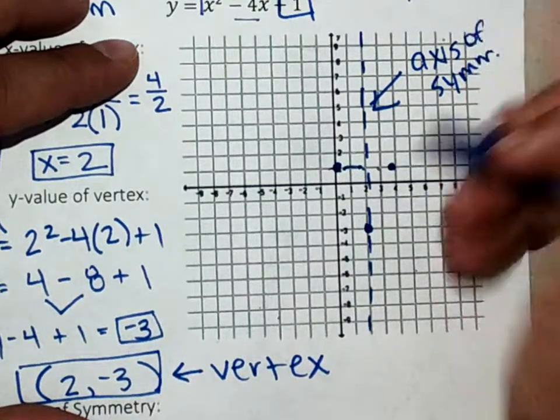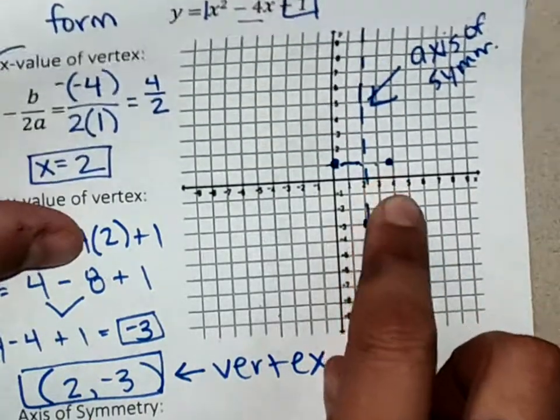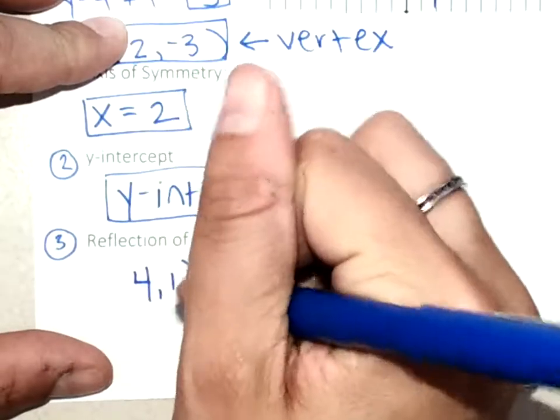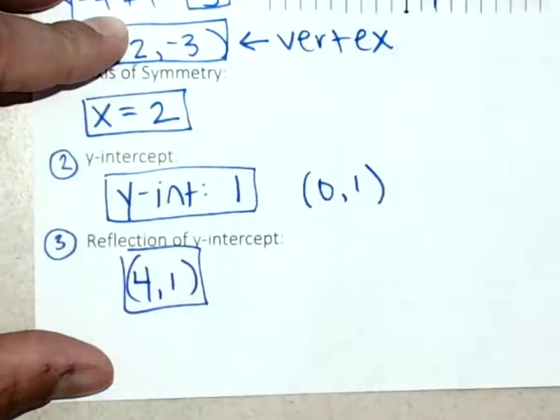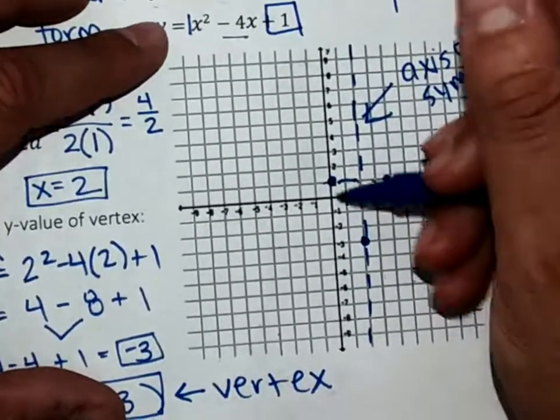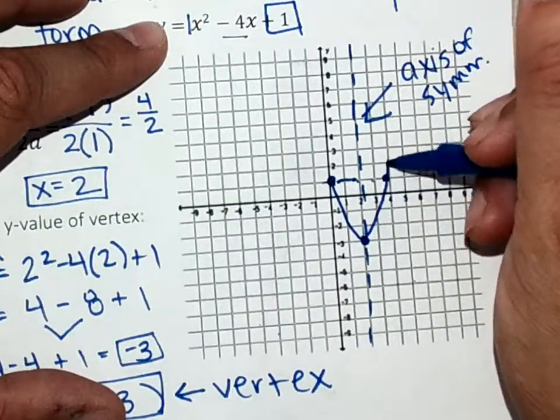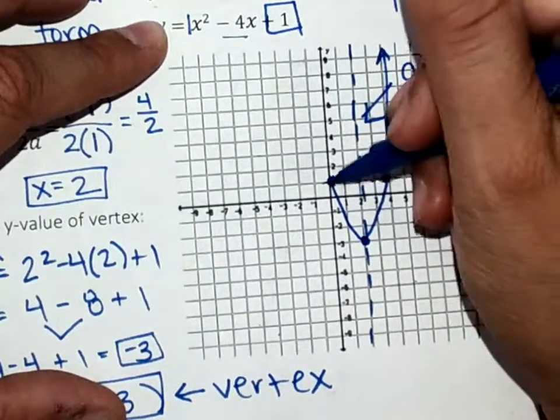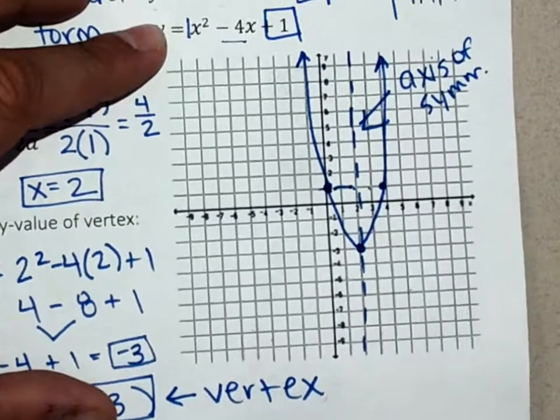I now have the 3 points I want. I'm going to go ahead and record 4, 1 as my coordinate for my reflection of the y-intercept. I'm going to connect my points, and we have graphed our parabola.